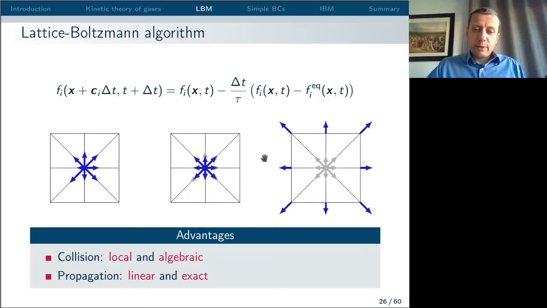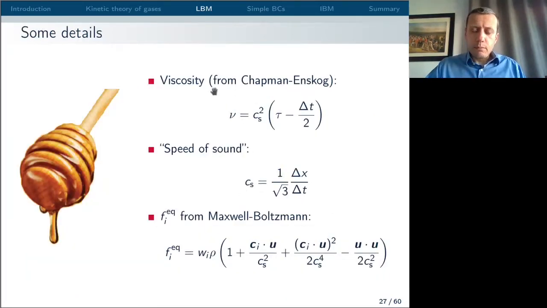It's a very straightforward algorithm for collision. And the propagation is linear and exact. If you wonder what that means exactly, that is explained in our Lattice Boltzmann textbook. But essentially, you are decomposing your Lattice Boltzmann solver into a collision step and a propagation step.